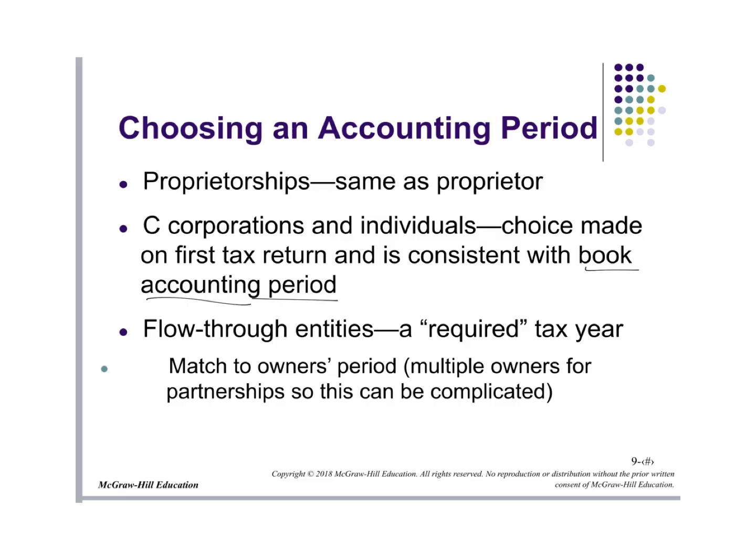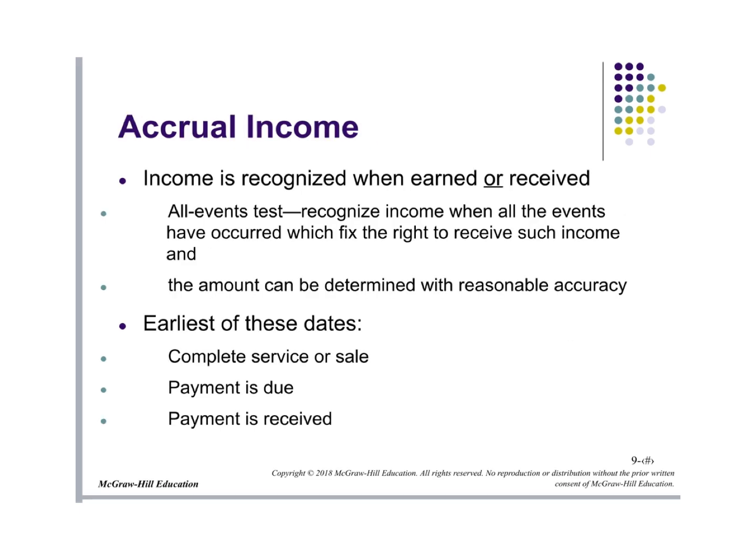So that can get complicated. That is actually a calculation for the entities class that I teach in the fall. So you guys don't have to do that calculation in this class.